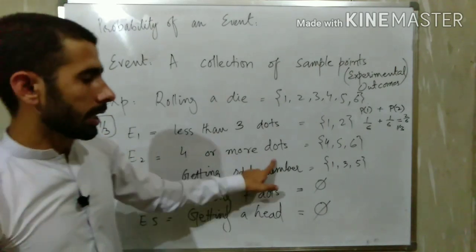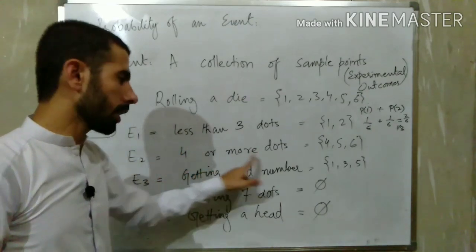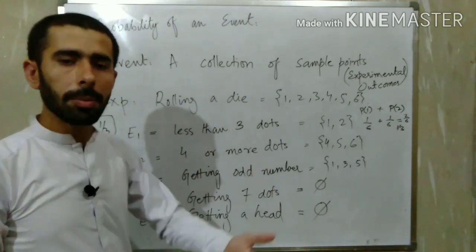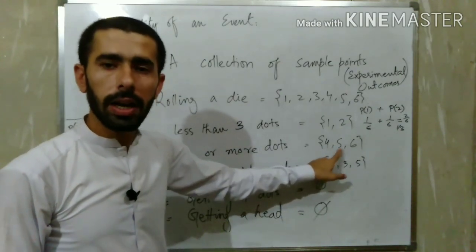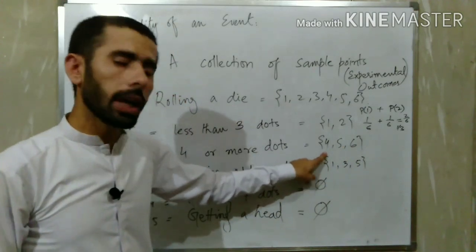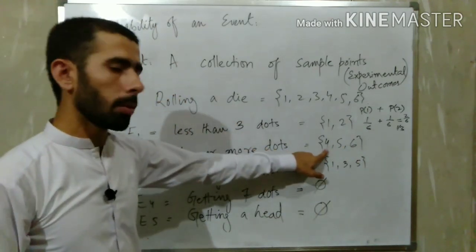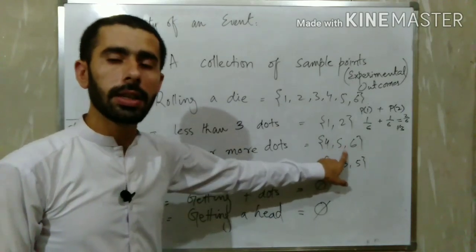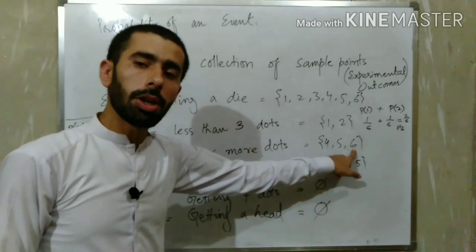Similarly, for the second event, when the event is getting 4 dots or more than 4 dots, the possibilities were getting 4 or 5 or 6 dots. So when we are finding the probability of this complete event, we would find the probability of getting 4, the probability of getting 5, and the probability of getting 6.